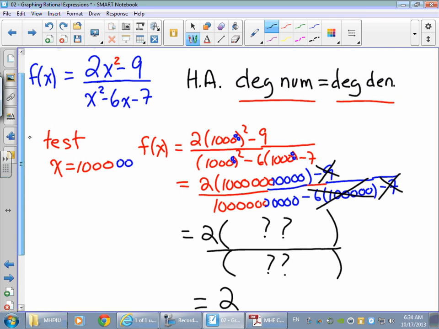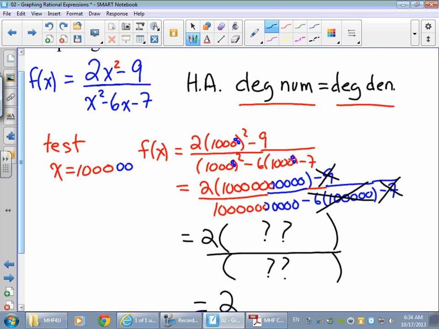So what happens basically is, if I see that I have the same degree here on my numerator and my denominator, and again it's the largest degree that's always going to matter the most with the horizontal asymptotes. What I can do is ignore everything else and just pay attention to what that specific boxed area is approaching.